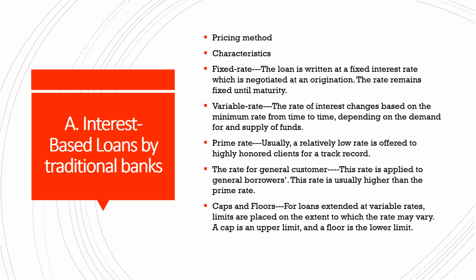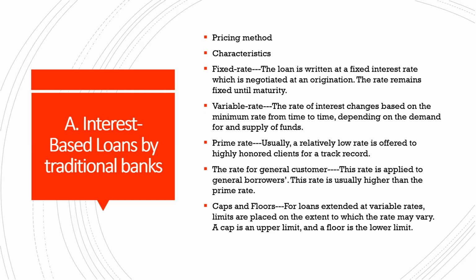So these are some of the loan pricing methods. Fixed rate, like there is some fixed percent, say I'll charge 5%. Variable rate depends upon the risk, based on the minimum rate from time to time, depending on the demand and supply of funds. Prime rate is a low rate offered to a highly reputed or good customer who has a good record with the bank.